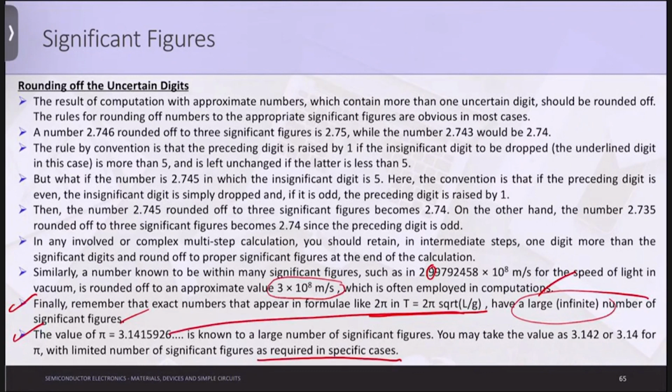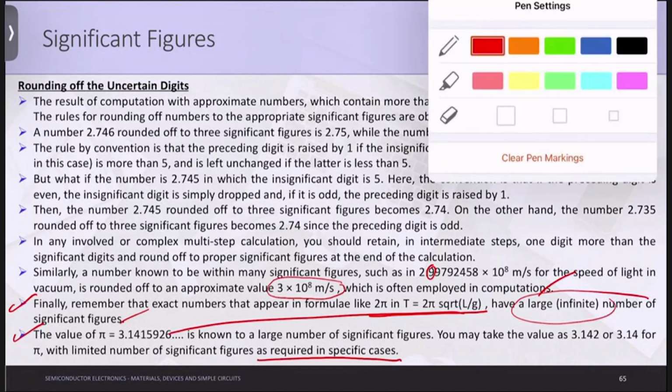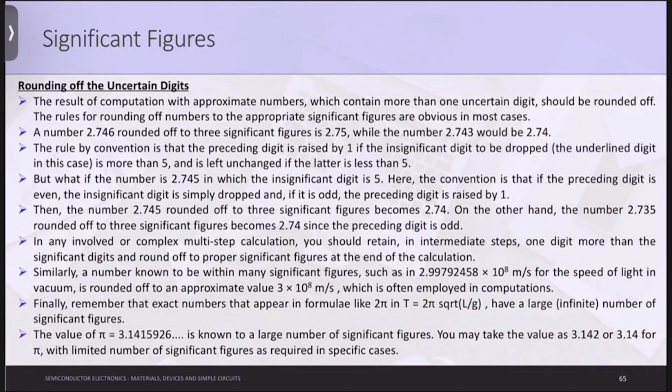It can go on to many large numbers, but we need to stop it according to our significant figures choice or according to our convenience. Here also the convenience is based on the calculation involved. The only difference is that this is having infinite digits, and this is also almost infinite, but we don't take it as infinite. We have to reduce it to some 3 or 4 significant figure values.